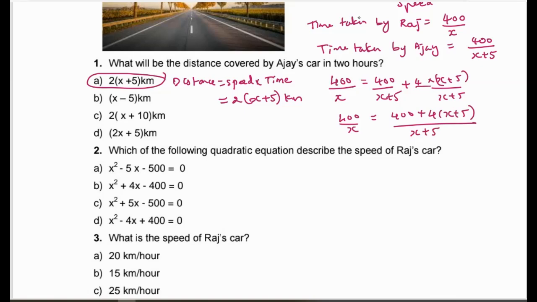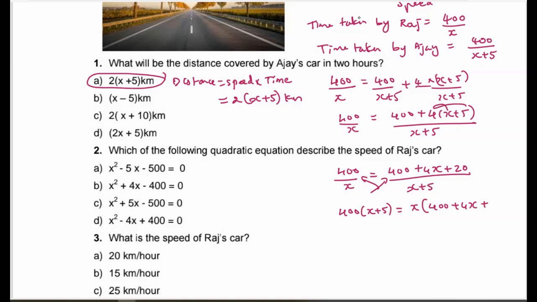So it will be 400 by x equals 400 plus 4x plus 20. We are just multiplying 4 into x, 4x plus 20. Then x plus 5, cross multiplication. So we get 400 into x plus 5 equals x into 400 plus 4x plus 20.